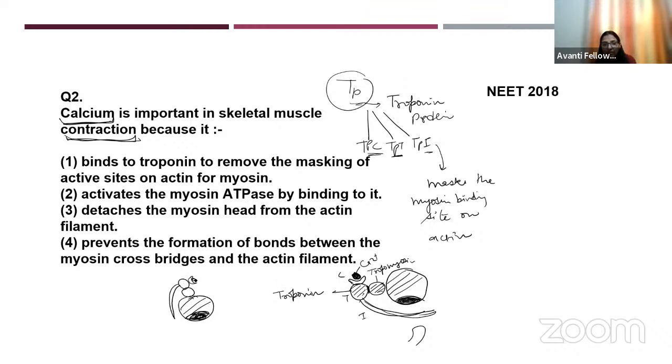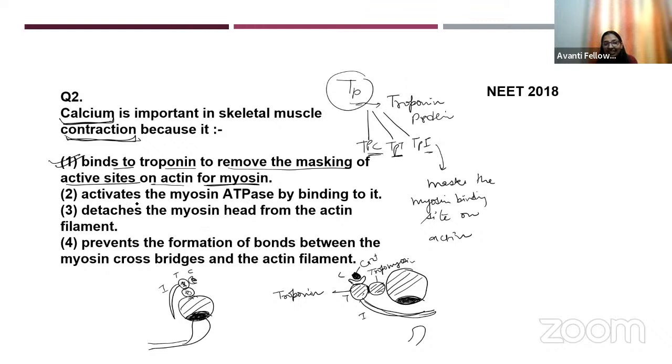Now this is C, this is T, and this is I. This is tropomyosin, this is troponin. And now, when the calcium binds, this site gets exposed. The myosin binding site on the actin gets exposed. Now the globular head of the myosin gets attached to this site. So calcium plays a very important role by binding to the troponin to remove the masking of the active site on the actin for myosin. So the correct option is 1.